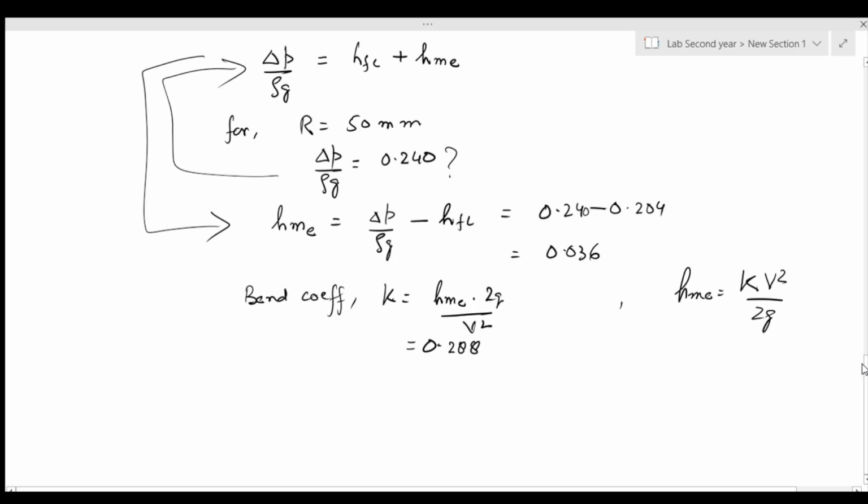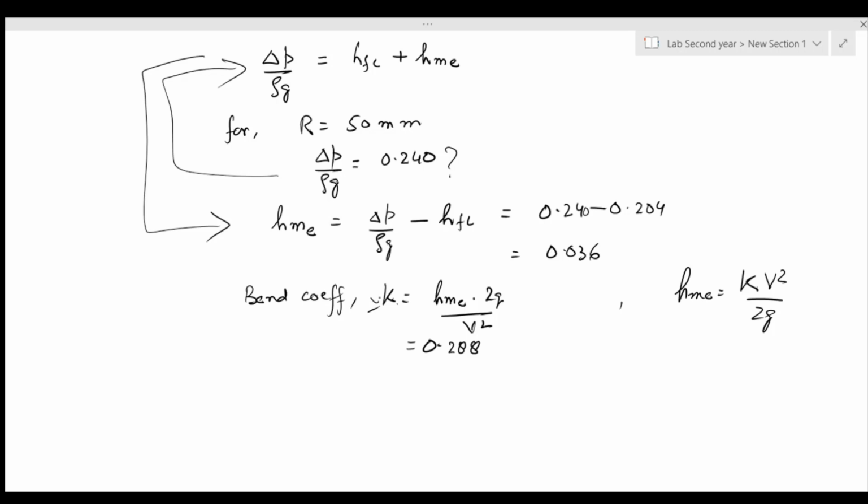Similarly we can find the value of K. So let me call it that this was the K for bend of radius 50. I can find it for other readings, for all of those readings. So this would be my sample calculation.